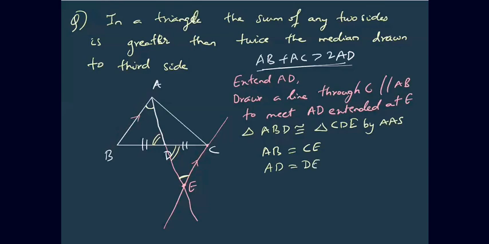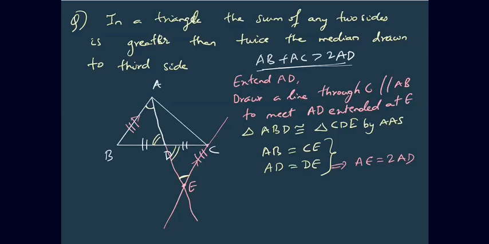So now what I have is AB is equal to CE and AD is equal to DE. This implies that AE is nothing but twice of AD.